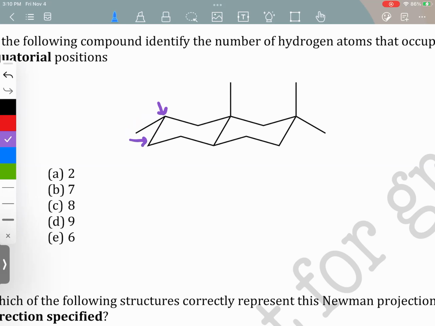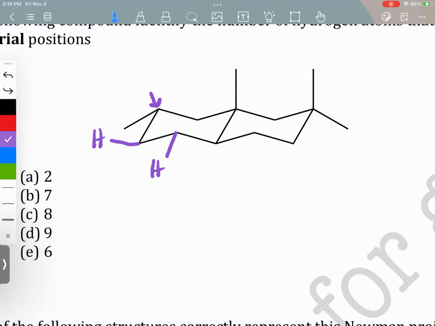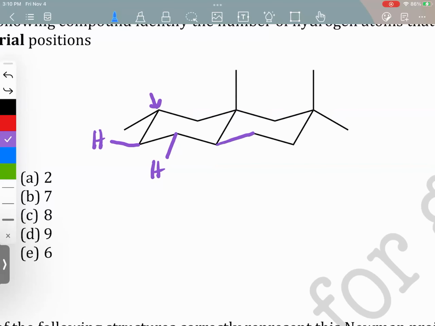What about on this carbon? Yes, we'll have an up equatorial since that carbon's going down, so it'll look like this. What about this carbon here? Yes, it can go down. Down equatorial. What about this? For this one, it'll be a no. We already see 3 bonds, and we see 2 carbons already attached in a sideways position.